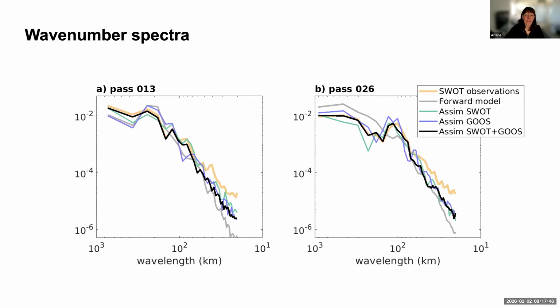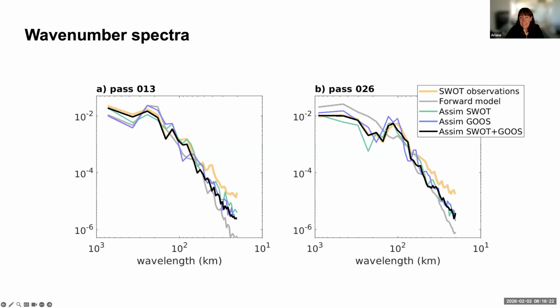If I compare with the assimilations where I withhold the goose data set or I withhold the SWOT data set, the fit to the spectrum of SWOT data is not as good. So this plot is a little bit busy, but the gray and black curves are the same as before. The observations are now orange instead of red, but that's the same spectrum. The green curve is the case where I only assimilate SWOT data.